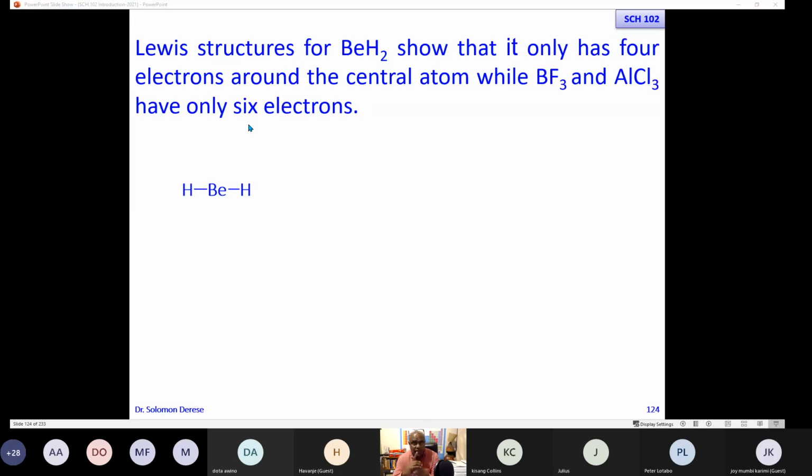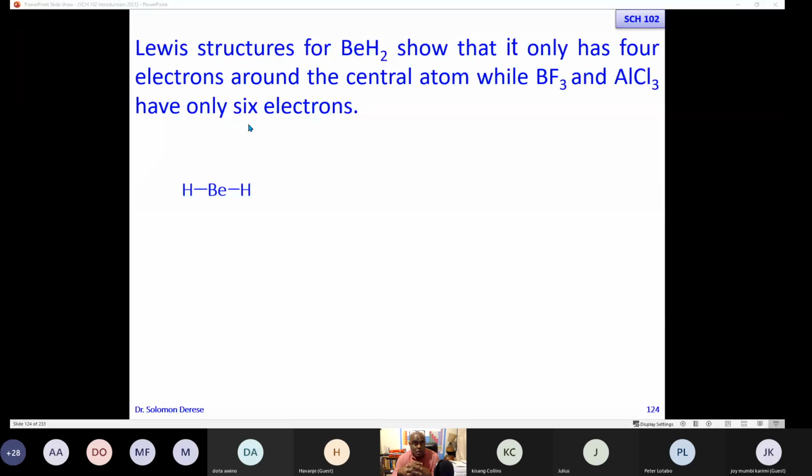Beryllium is a group 2 element. Since it's a group 2 element, the number of valence electrons on beryllium is 2. 2 valence electrons contributed by the hydrogens, and then 2 valence electrons contributed by beryllium. Therefore, the total number of valence electrons of BeH2 is 4.